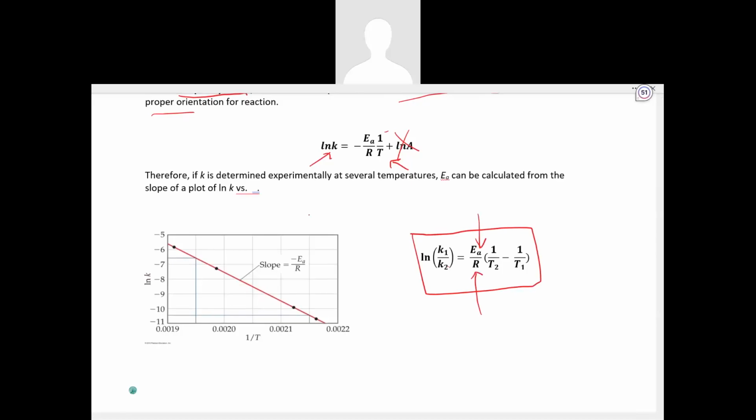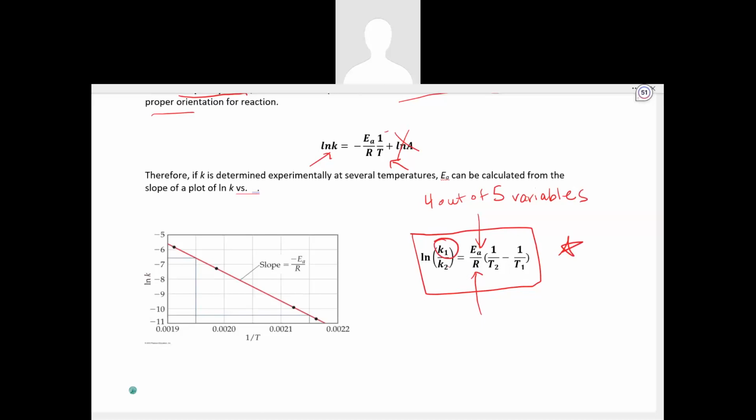If we have at least 4 out of the 5 variables down here, you can solve for the remaining. So that's an important equation. This one's shown down here. That form of the Arrhenius equation, again, is linking together two different reaction temperatures.